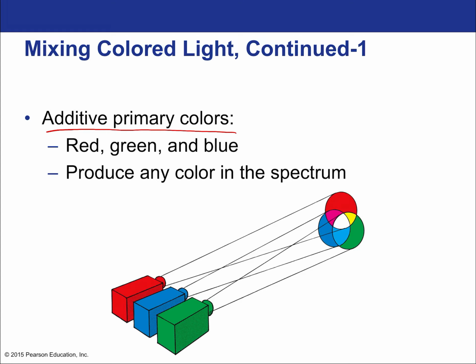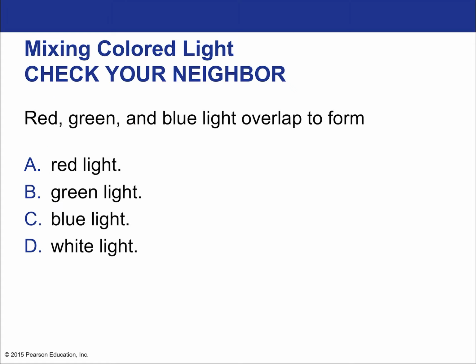Additive primary colors. And it's additive because if you take red, green, and blue, then you can create any color in the spectrum by adding them together, right? Consider some sources of light, red, yellow, and green here, and shining them together, you can create any color you want by overlapping them, so essentially adding one color on top of the other. What happens if you put them all together?